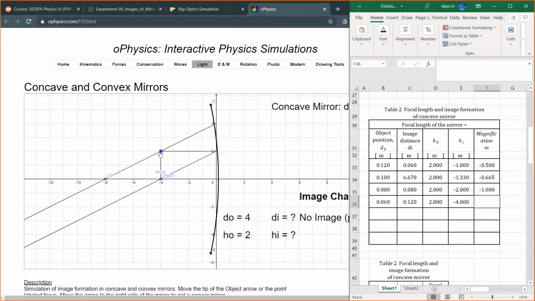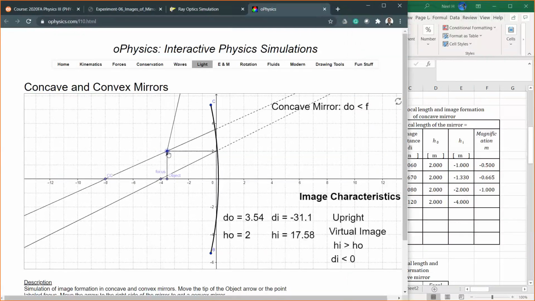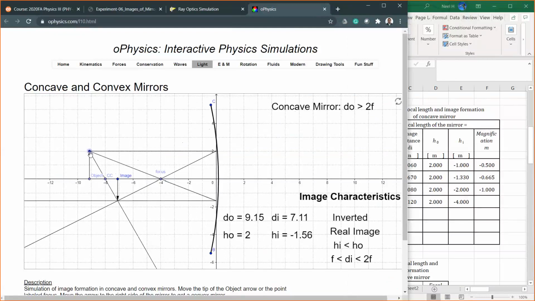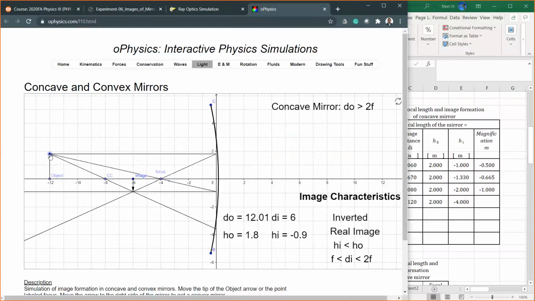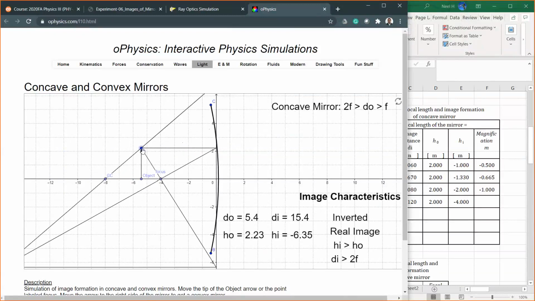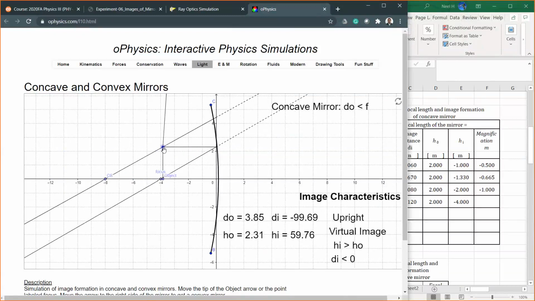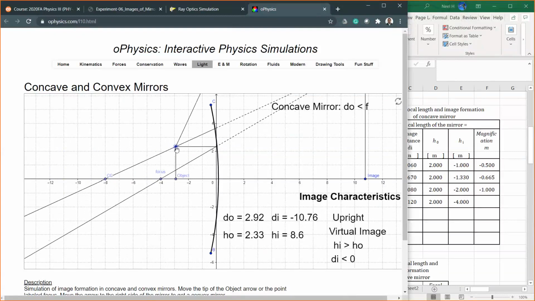So that exact location is of no meaning to record here. So instead, let's go inside the focal point. If you go inside the focal point, you can see something else happening, right? I'm bringing the object from further away, and at the focal point, the image goes to infinity. Now when I go 1 centimeter inside the focal point, I don't see an image forming anywhere on this side.